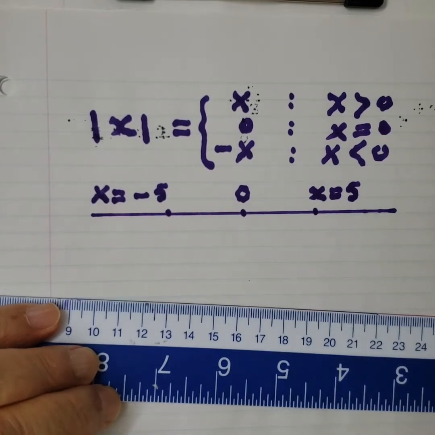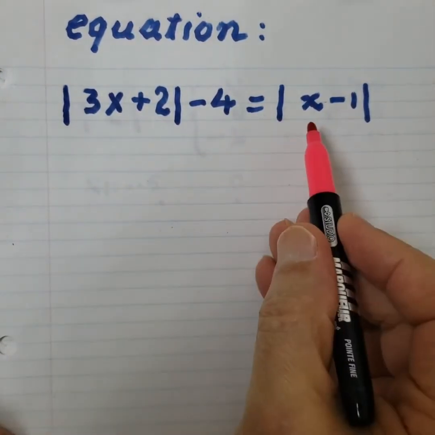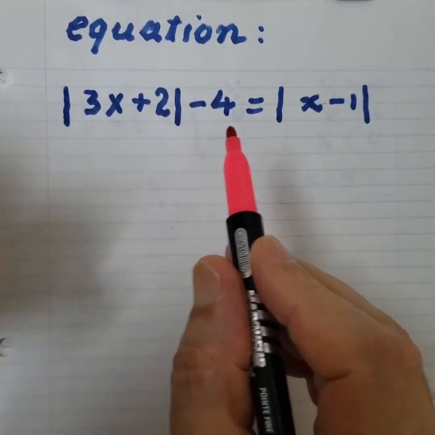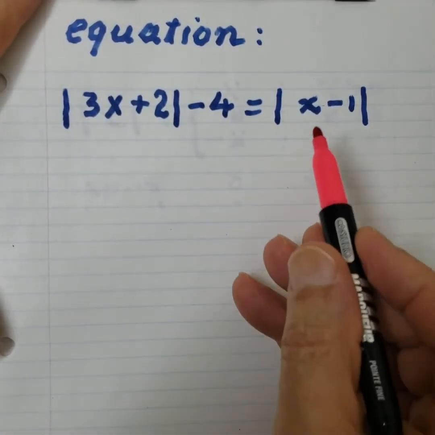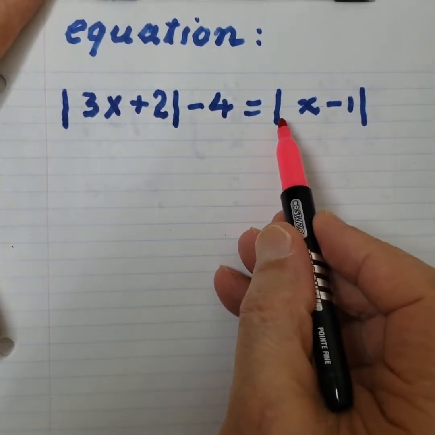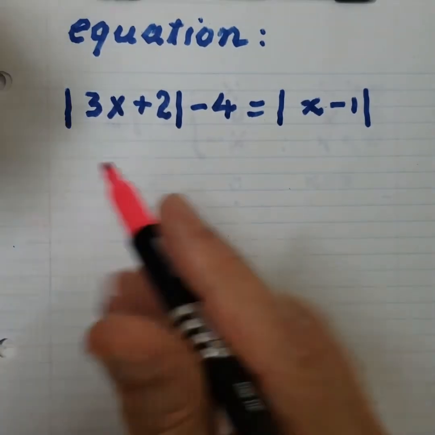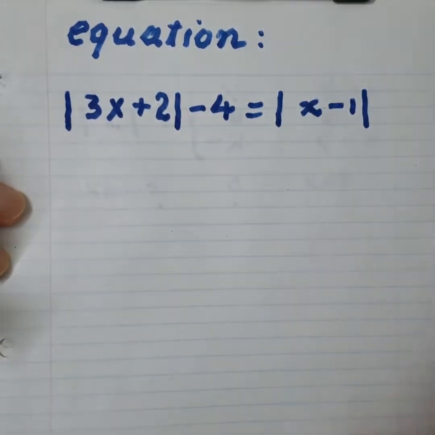Now let us go back to the equation. Before I make any steps, I need just to rearrange the terms of the equation. I will write this absolute value and this absolute value all on one side, and put the other number, which is negative 4, on the other side.